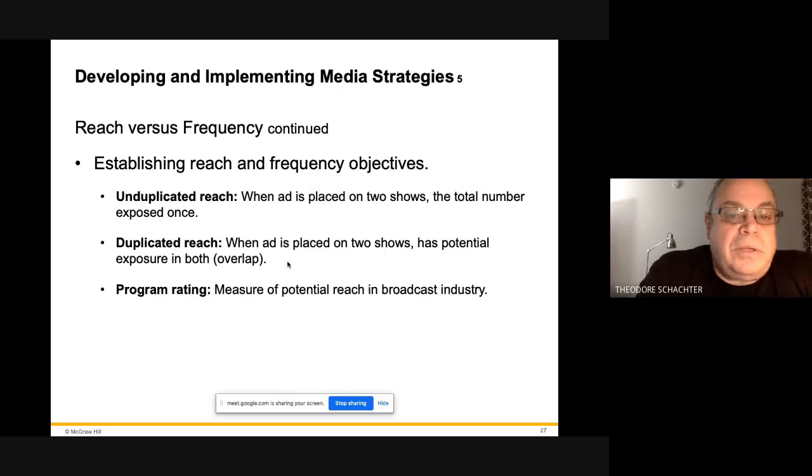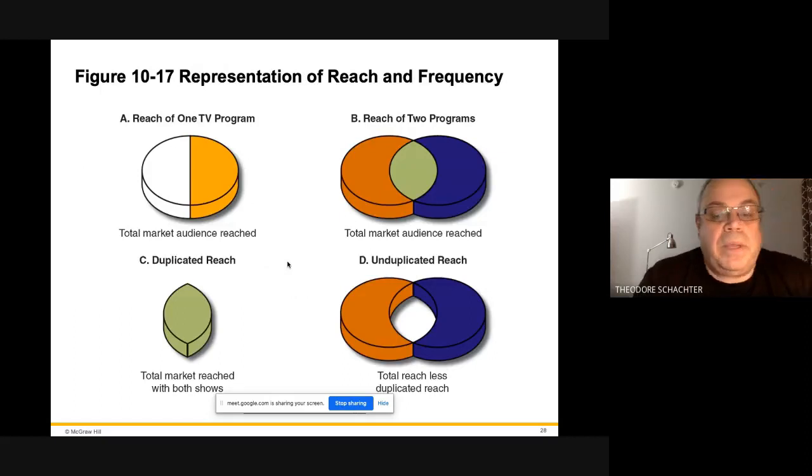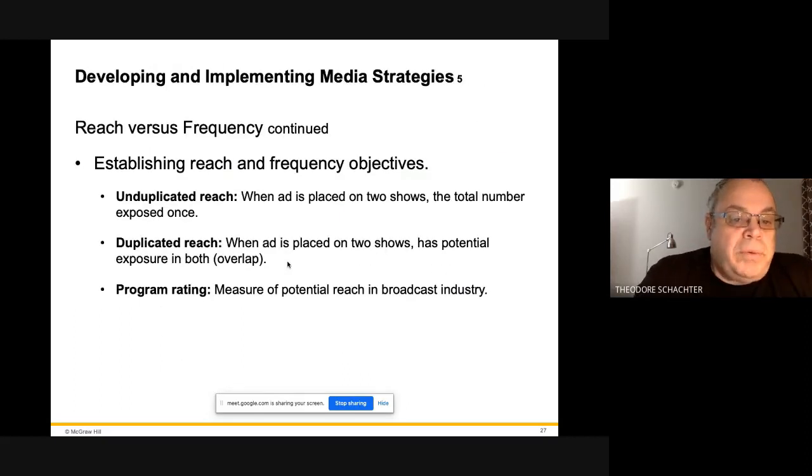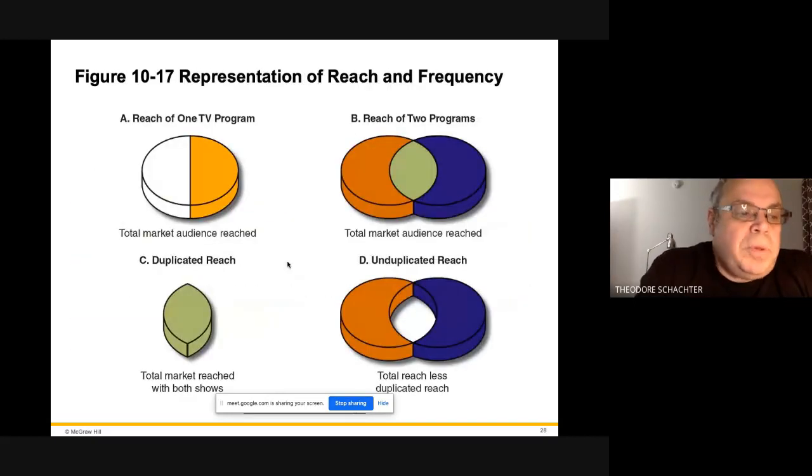Now, the three things you need to know about reach is right here in this diagram, but I'll go over it. There's unduplicated reach, duplicated reach are the two things about reach, and we'll talk about program rating in a minute. So duplicated reach means that you're using two media vehicles. So let's say the New York Times and the Wall Street Journal, and you're running the same ad in both publications in the business section for, let's say, Dell computers.